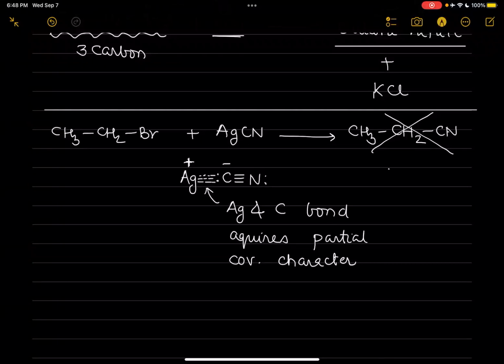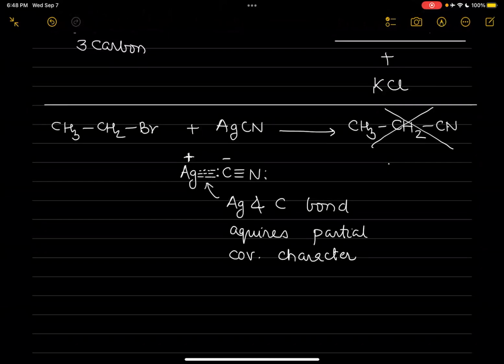Okay, that's why I've shown these dotted lines. Right, Riyan? Anushka, can you see this? Yes, sir. So carbon is getting involved in the partial covalent bond formation, and that is because of the silver, which has a tendency to pull the electrons.